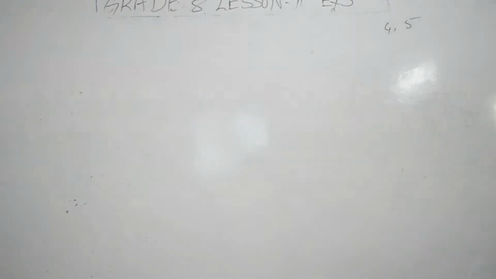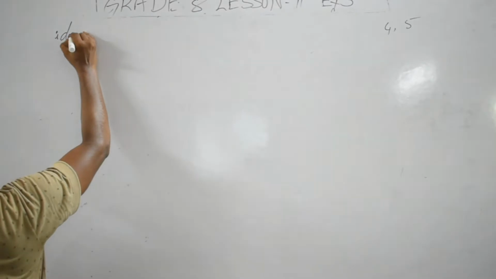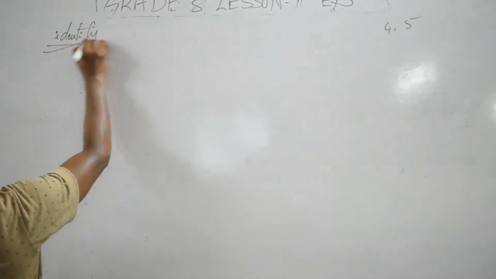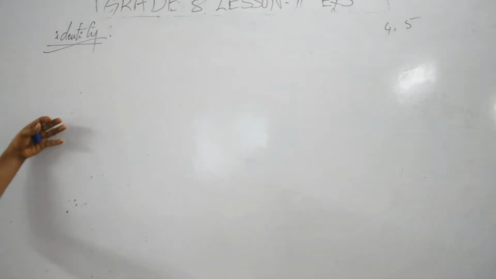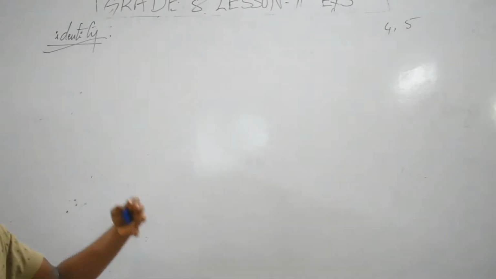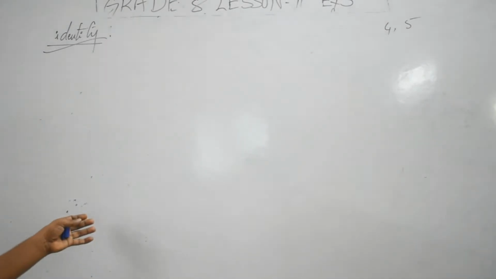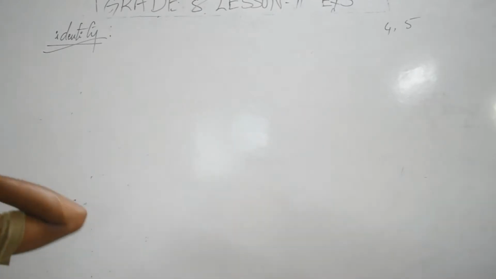See, identity means, here given an x value or y value or any value, that is the identity of x and y and z, some alphabet letters. So we substitute those values in the algebraic expression, that is identity.